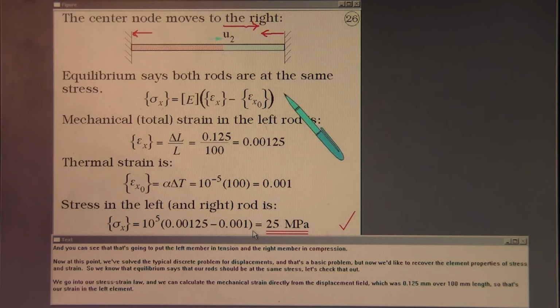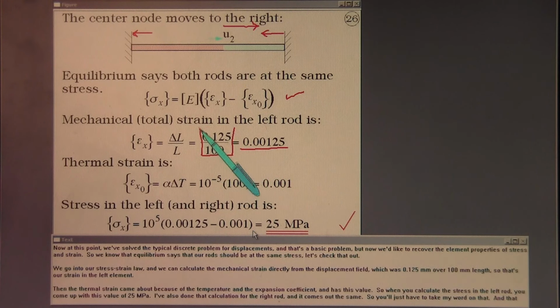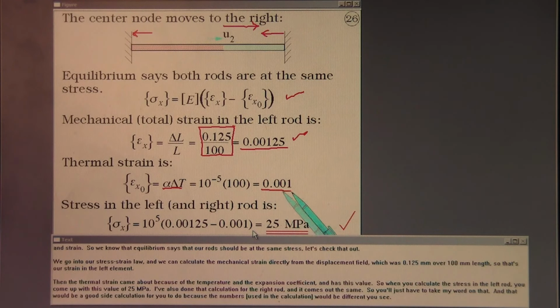We go into our stress-strain law, and we can calculate the mechanical strain directly from the displacement field, which was 0.125 millimeter over 100 millimeter length. So that's our strain in the left element. Then the thermal strain came about because of the temperature and the expansion coefficient, and has this value.